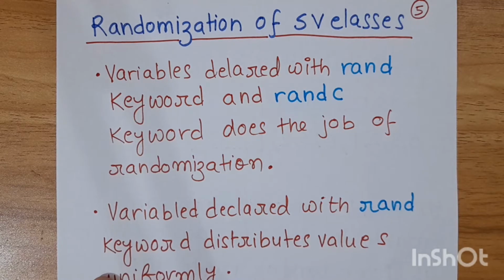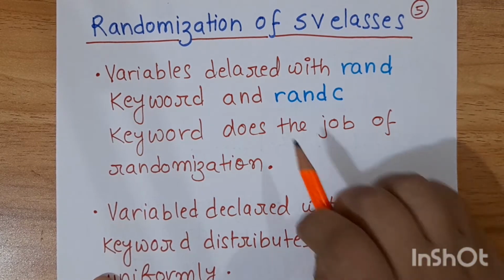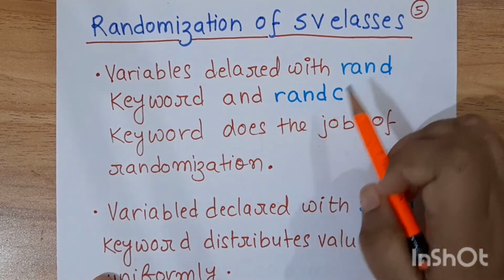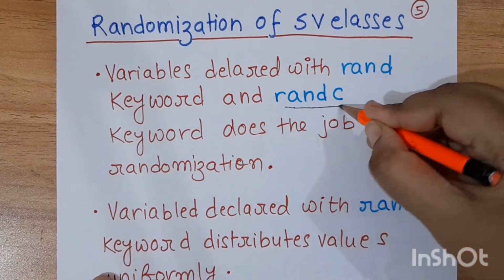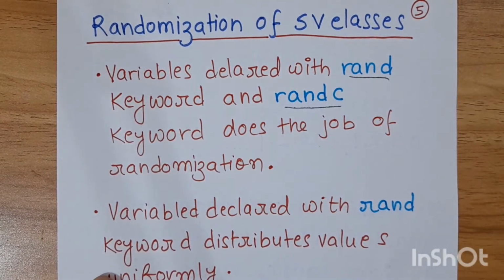Now we will see the concept of randomization of the SV classes. The variables which are declared with the rand keyword and randc keyword do the job of randomization. Means with randc and rand keywords, we are enabling the randomization in the classes.